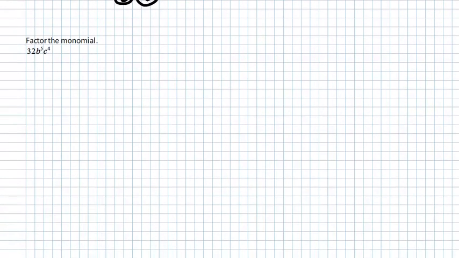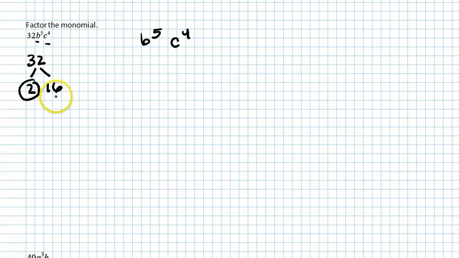Now, here's where it gets a little interesting. Let's say I want to factor a monomial. All right? B and C are already factored out, b to the 5th and c to the 4th. So I'm going to just leave those. Now, I need to factor out the number 32. 2 goes into there 16 times. 2 goes into 16 8 times. 2 goes into 8 4 times.